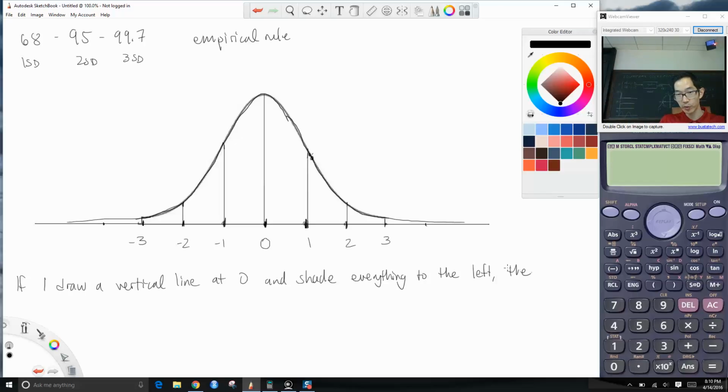The amount shaded would be 50%, or I'll just say 0.5.